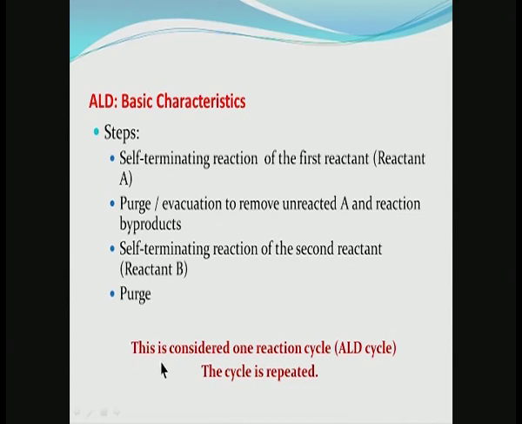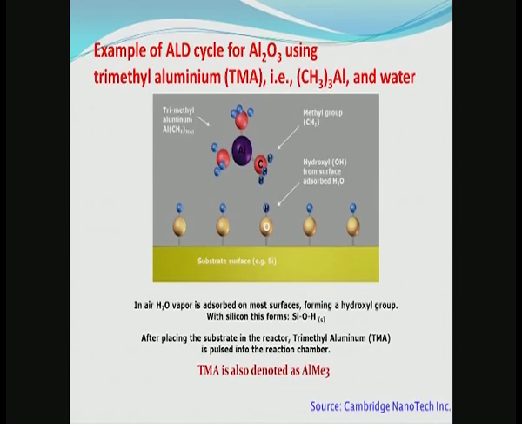Together these 4 steps are considered to form one ALD cycle, and this cycle is repeated depending on the thickness of the material that one requires. It can be illustrated very well by the example of aluminum oxide, Al2O3, deposited using trimethyl aluminum, or Al(CH3)3, and water as the 2 precursors.